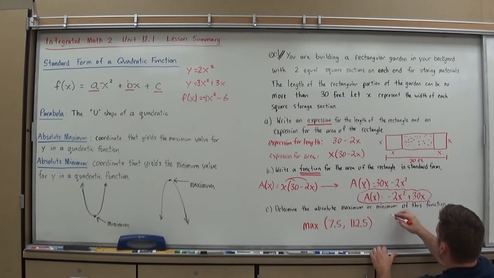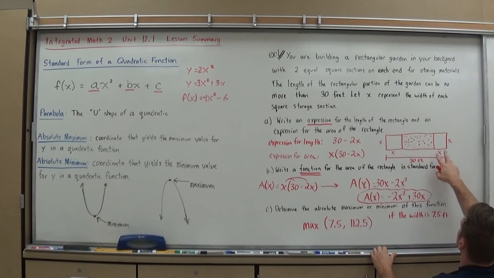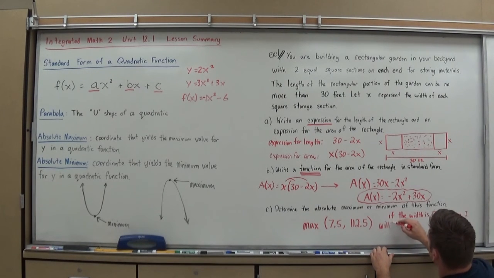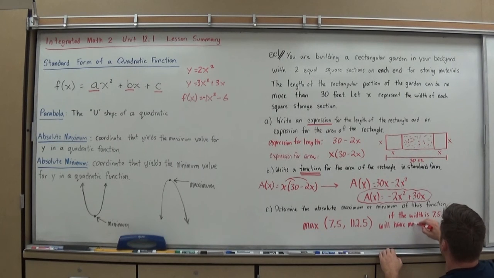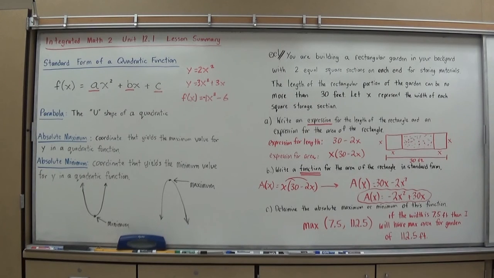Well, what it means in terms of the problem is if the width is 7.5, and I think we're in feet, so if I make the width of the actual structure here 7.5 and 7.5, then I will have a max area for the garden of 112.5 feet.